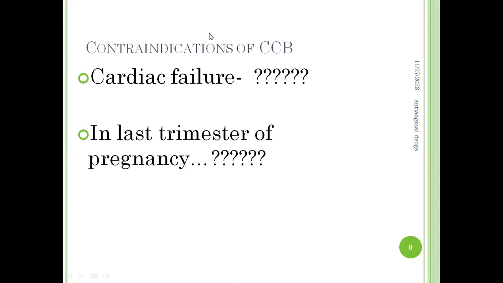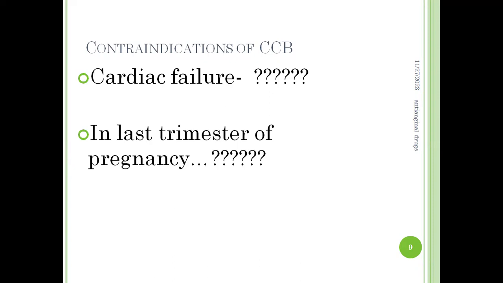What are the contraindications of calcium channel blockers? Contraindication means a condition in which the drug cannot be given. Calcium channel blockers are contraindicated in case of unstable cardiac failure, but can be safely used in case of stable cardiac failure.